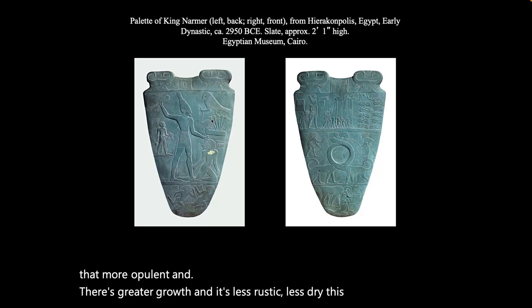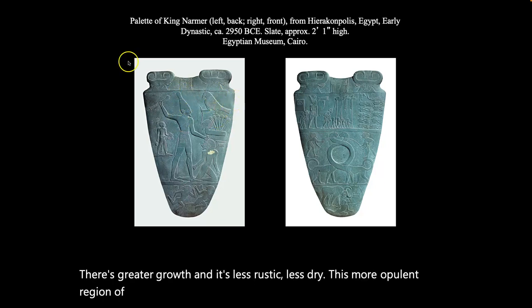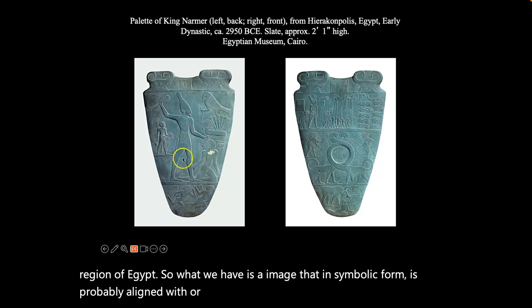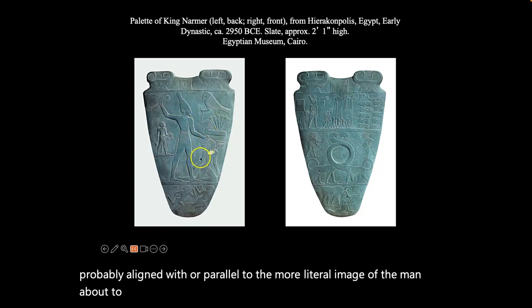So what we have is an image that in symbolic form is probably aligned with or parallel to the more literal image of the man about to hit this other male figure with a scepter.